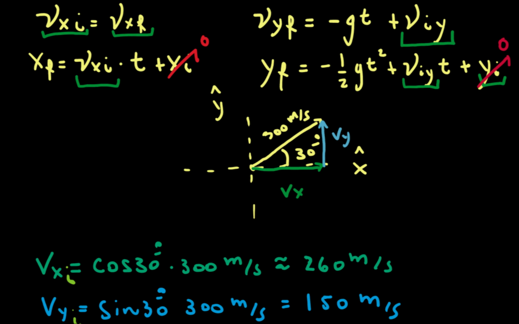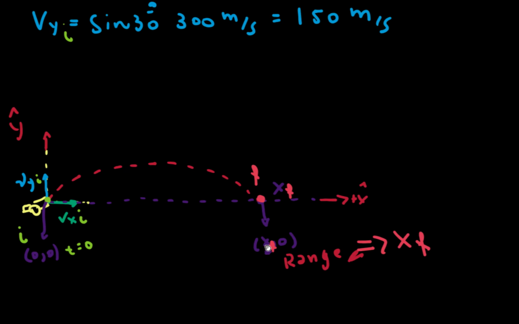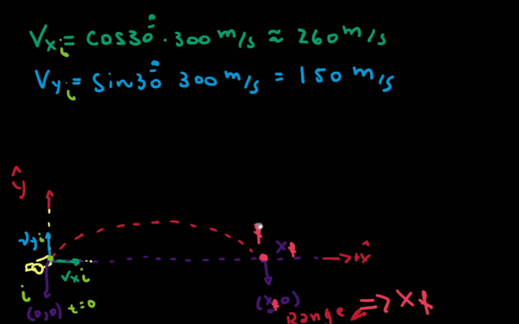And anything else we have? We also have y final, right? So y final, we chose that point already. So the final point we chose, x is what we're looking for. So it's x final what we're looking for. And 0 is the y coordinate at that point.